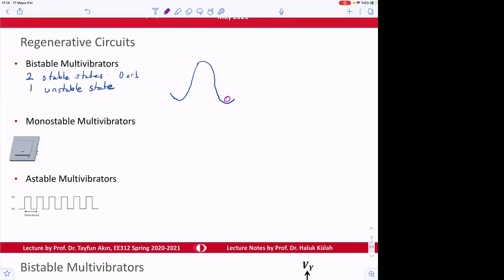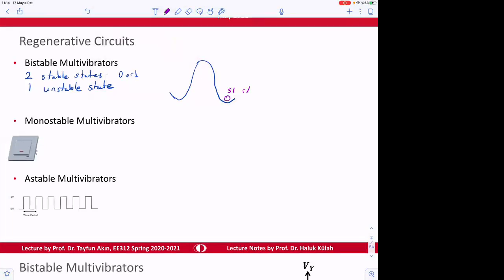We don't know the state. We can define this as state 1, stable state. Okay, if you put a ball here, this is going to be an unstable state, state 3, let's say. But if the ball is here, this is going to be a stable state.